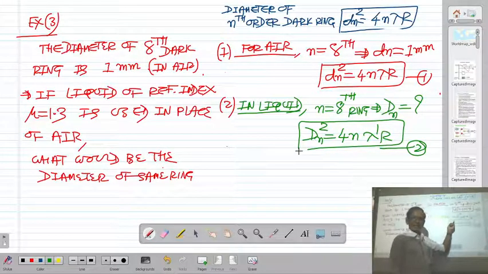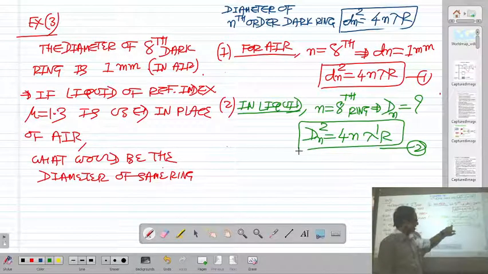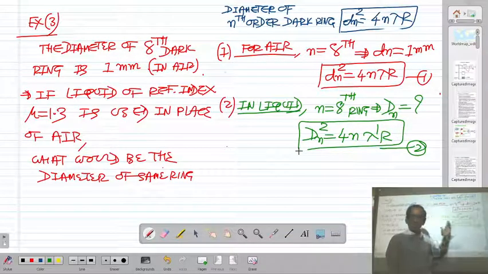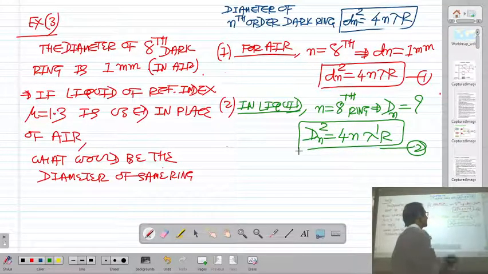Capital Dn is the diameter of the dark ring in liquid, and lambda dash is the wavelength of light in liquid. When you use liquid, the diameter and wavelength are going to change.